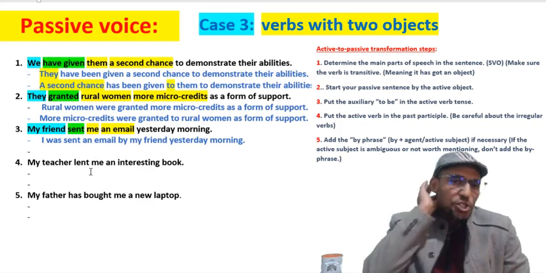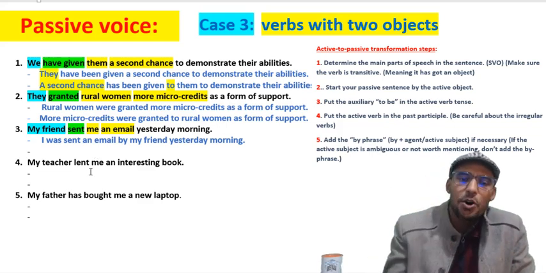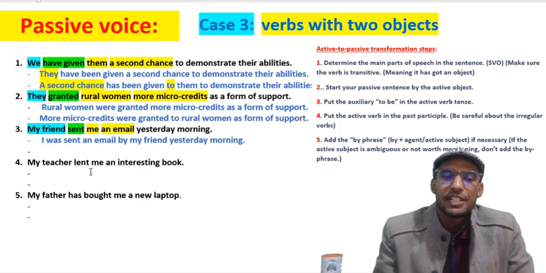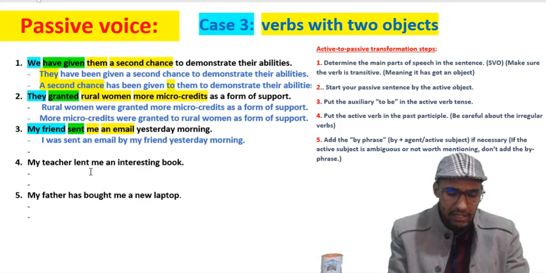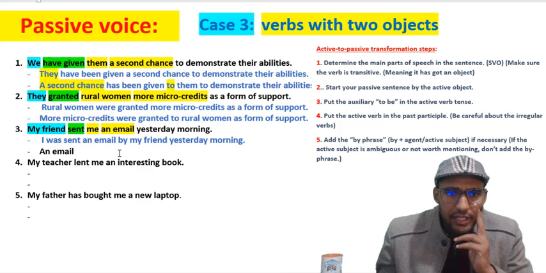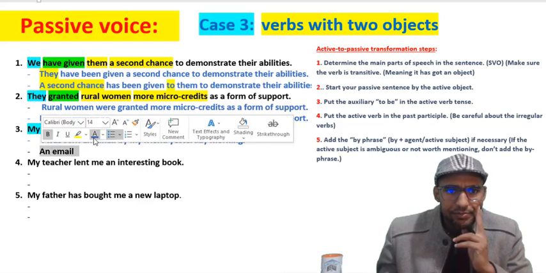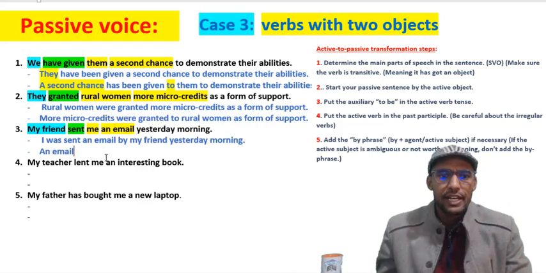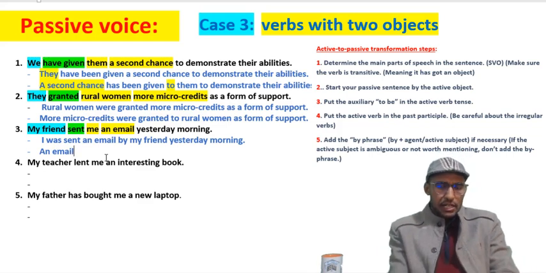Let's move on to the second choice right now, which is starting our passive statement with the direct object, which is "an email." There we go. Now again, as usual, the verb should be put in the past form.